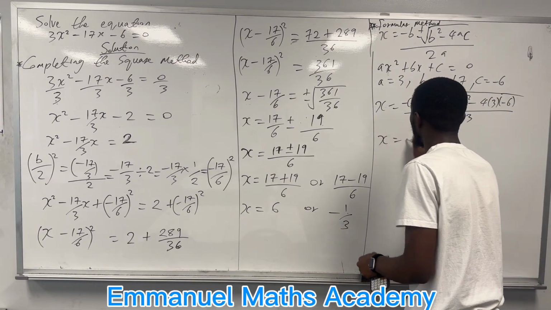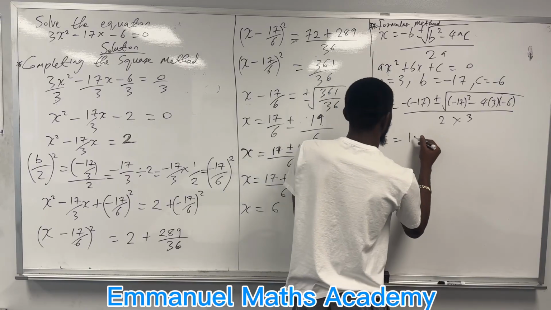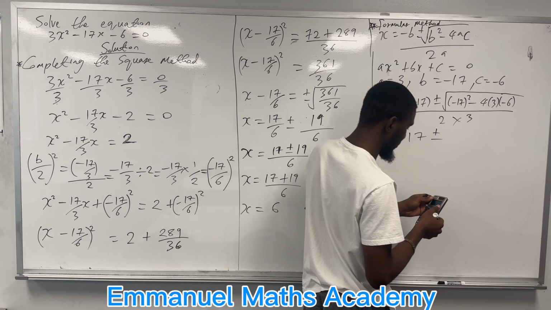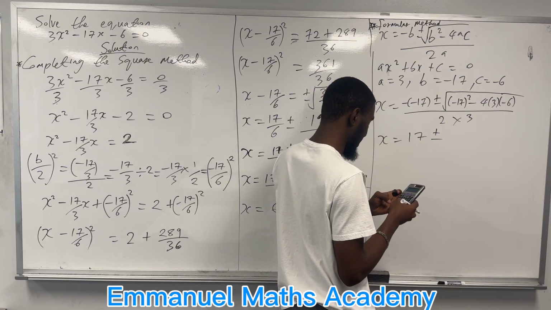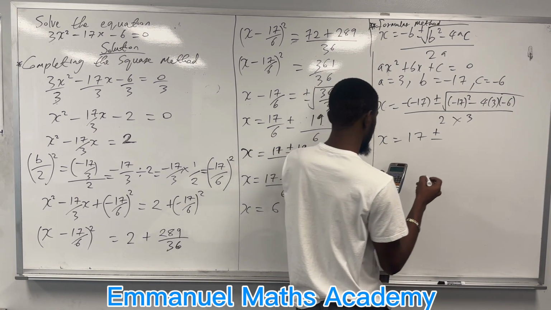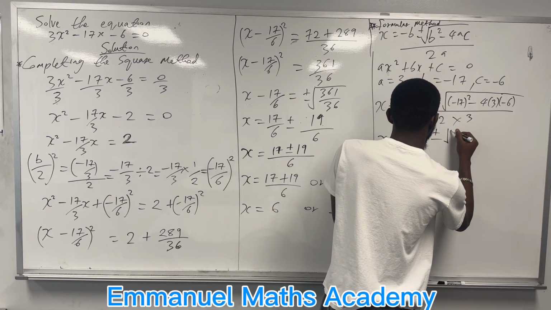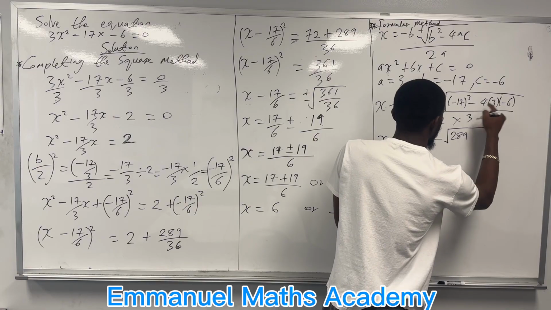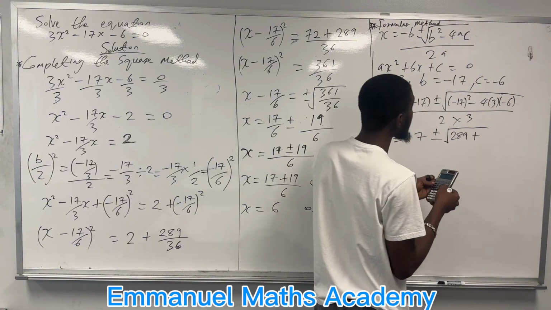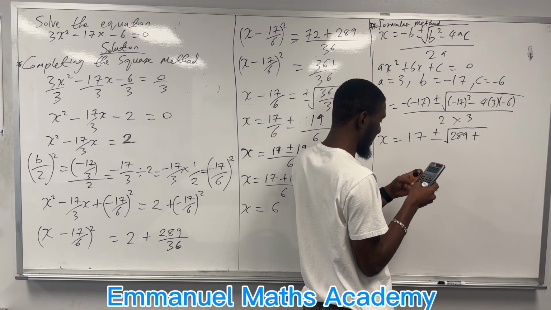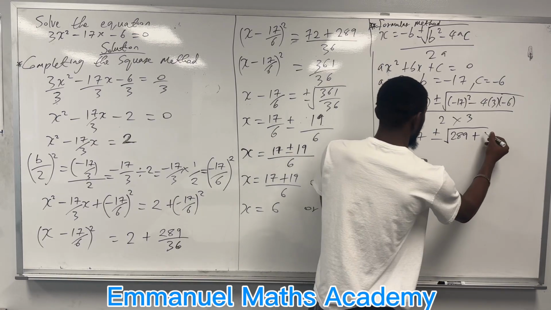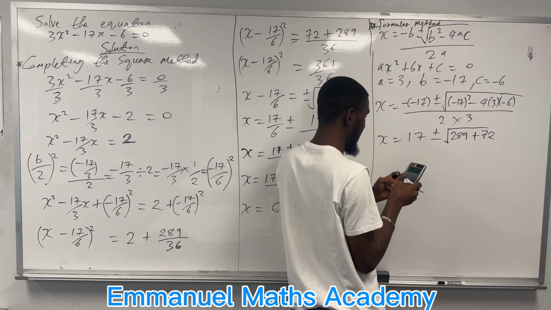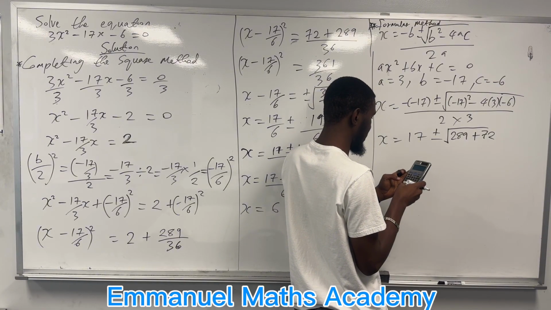To simplify this further: minus times minus gives you plus 17. 17 squared is 289. Minus times minus gives plus, so 4 times 3 times 6 gives you 72. So 289 plus 72, and the denominator here is 6.